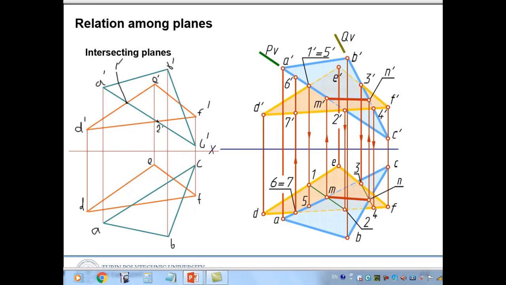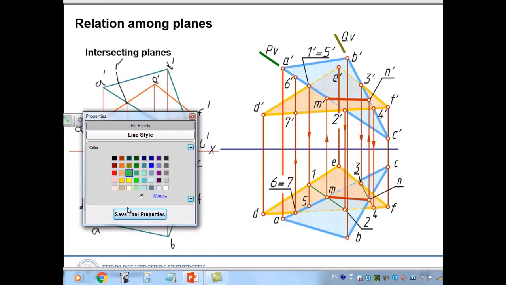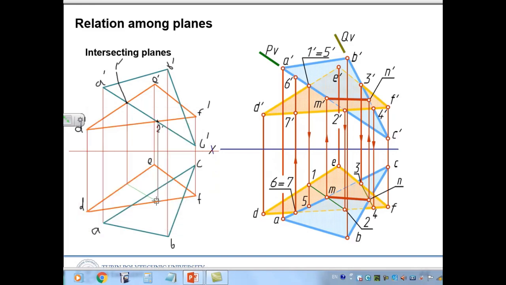So one dash point projection is between D and E here, and second two dash is between D and F. So here. So then we can make a line.